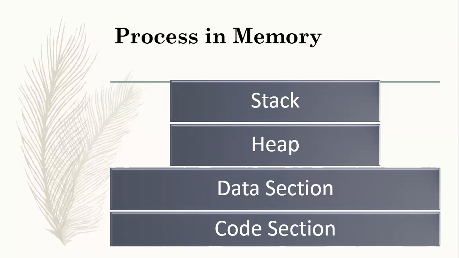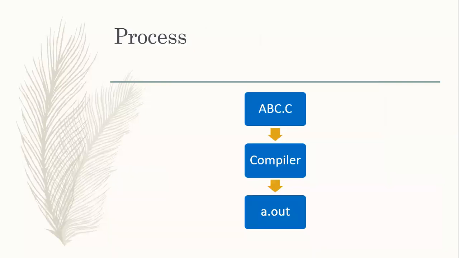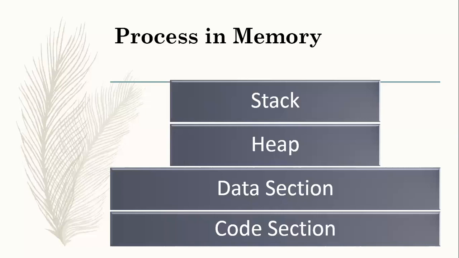Comparing with my previous example, if I had taken a.out, then how will this a.out be loaded in this format? In the code section, the a.out will be put. So I am going to put a.out here in this code section.